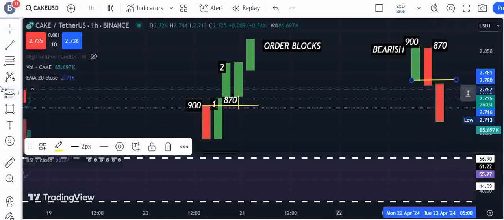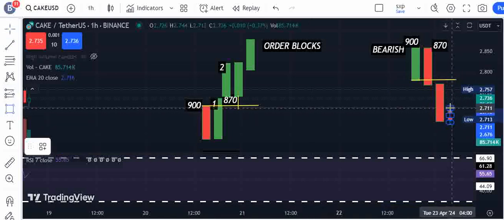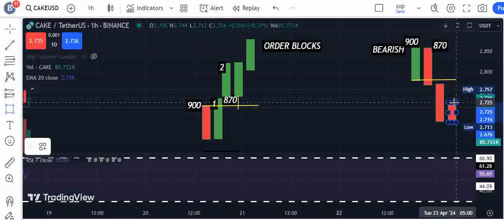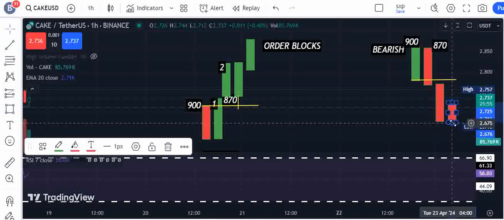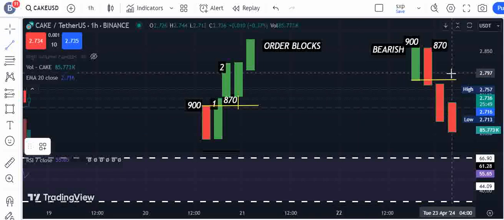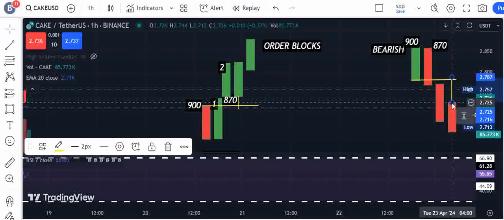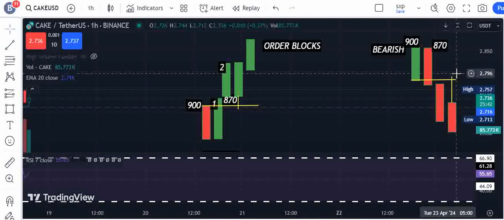So we will get a candle that does something like this. Limit order here. We get a candle that does something like this, tap into that our order block and then continue lower.